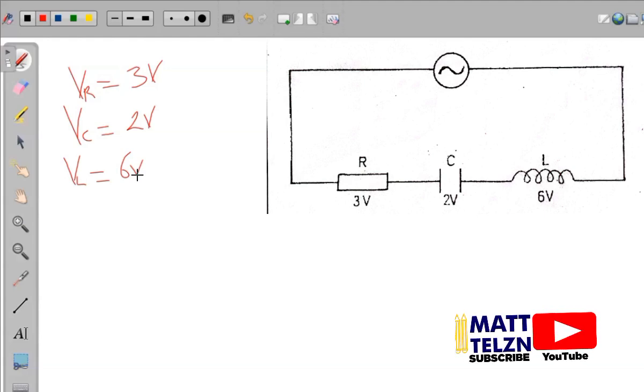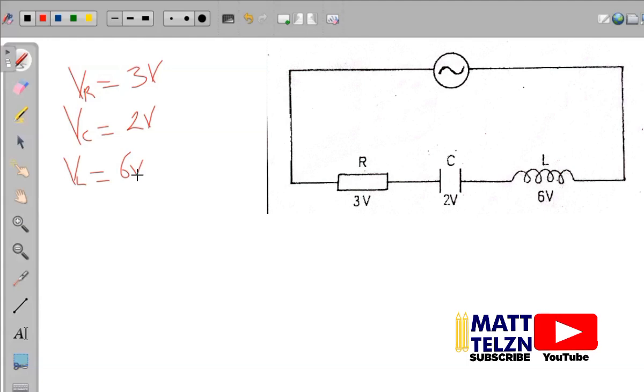Now for us to find the total EMF, we first need to find the net voltage across the inductor and the capacitor, because they are 180 degrees out of phase.